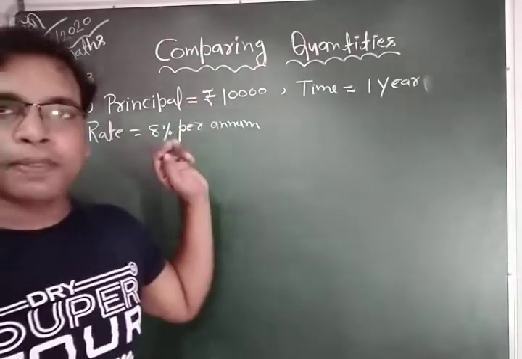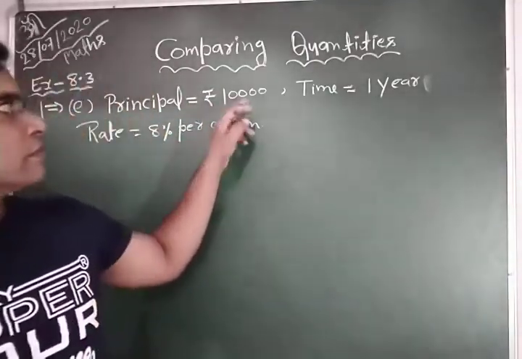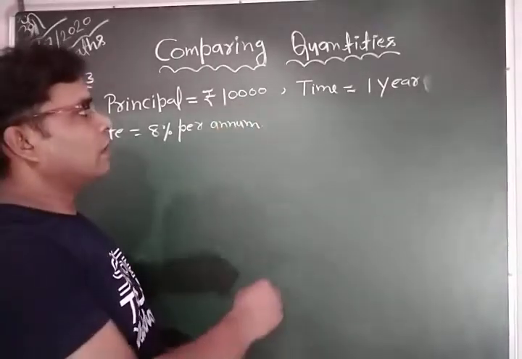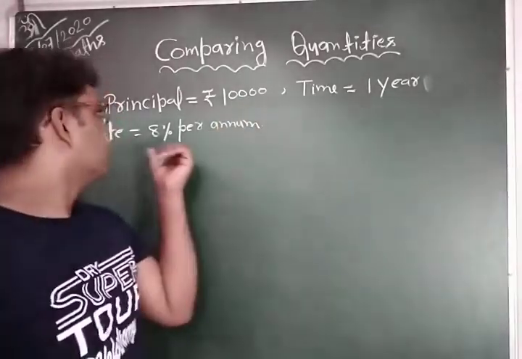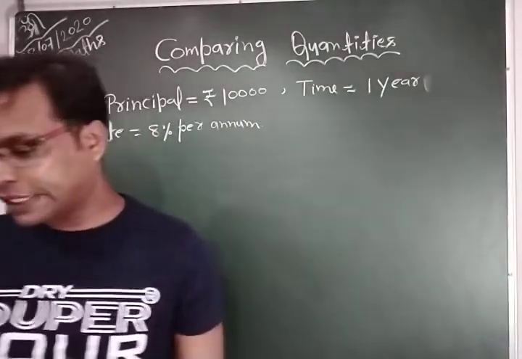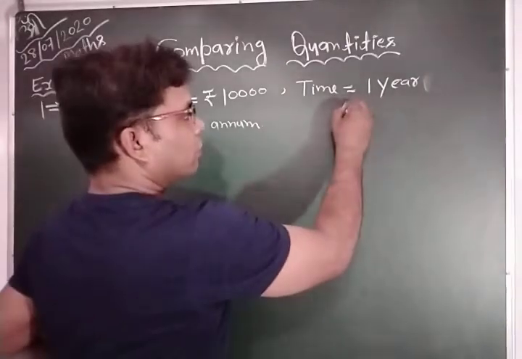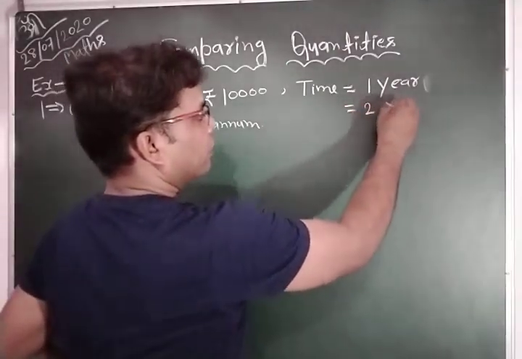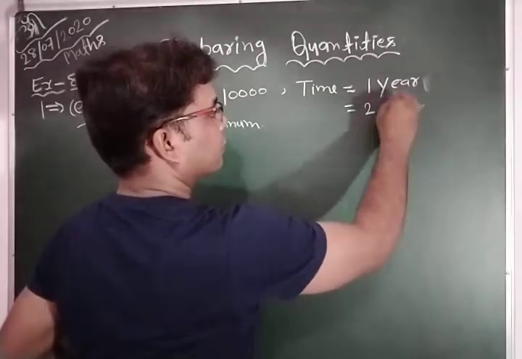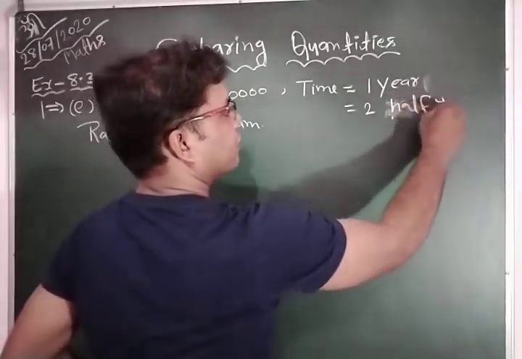So your principal is given 10,000, and time is 1 year, rate is 8%. We find here the compound interest and amount on half yearly, so we change it to half years. So 1 year is equal to how many half years? 2 half years.